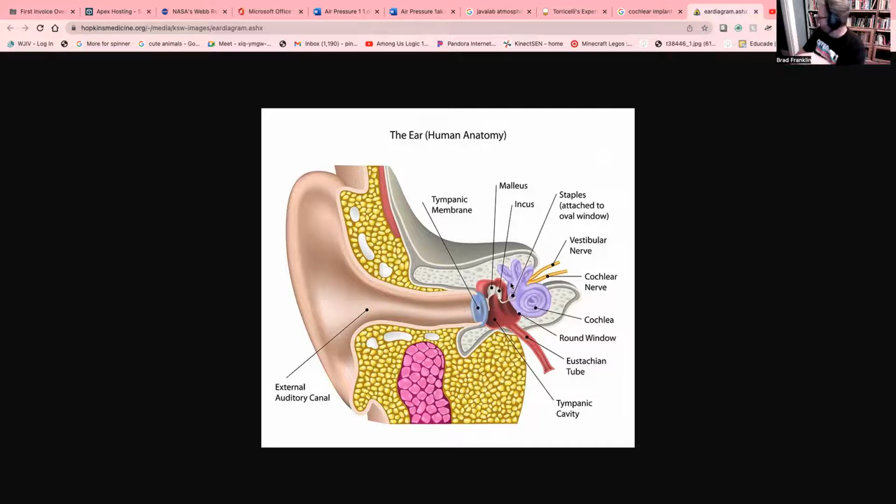Cochlea. I wonder if I can show you on the anatomy. Let me break out my anatomy book here.